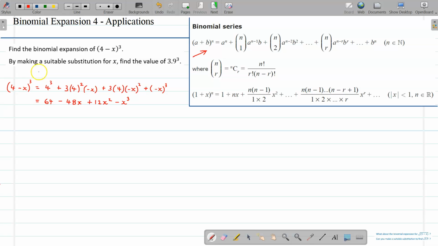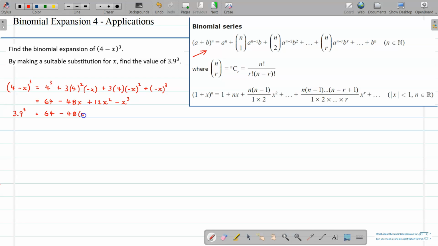Now use it to estimate, or rather to find, the value of 3.9 cubed. So what we're going to do is put 3.9 cubed, and we're going to use what we've just done and replace the x with 0.1. That's what they're expecting you to do, because 4 minus 0.1 is 3.9. So let's do that, and we've got 64, and it's going to be minus 48 lots of 0.1.